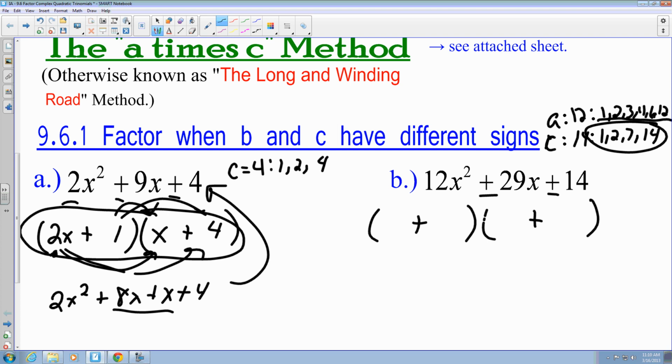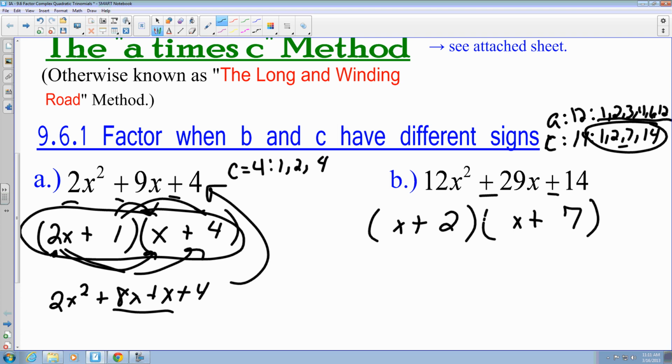So what I will do is pick something fairly in the middle in that factoring. So let's go 2 and 7. That product will give me 14. I'm going to put an x here and an x here. And now I just look at my factors of 12 and what combinations would give me a plus 29.